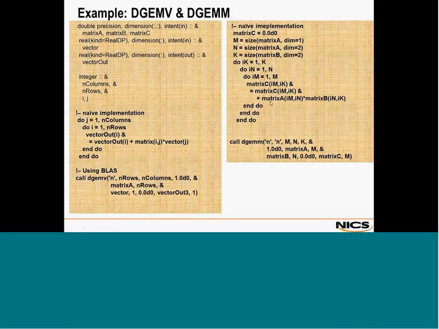Similarly, for matrix multiplication, this is the implementation with nested loops as I had before. But in practice, what we do is call DGEMM, which is the matrix-matrix multiplication.